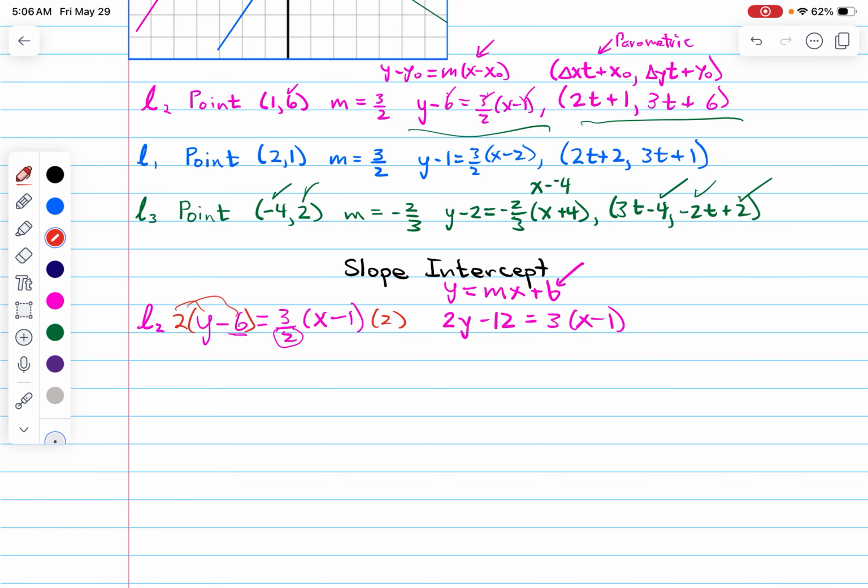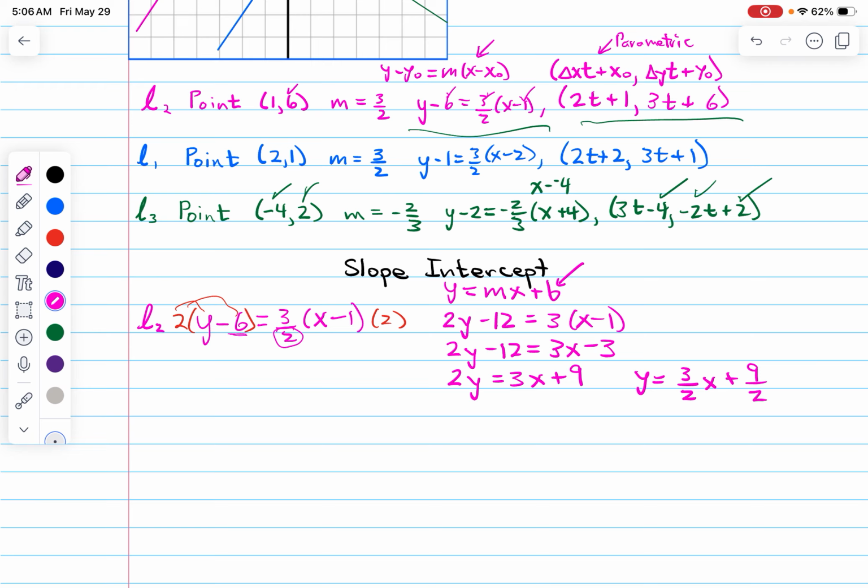Now I don't have to worry about that fraction anymore. So here's what I get now: 2y minus 12 equals 3x minus 3. Add 12 to both sides and I get 2y equals 3x plus 9. Now divide by 2 and I get y equals 3 over 2 x plus 9 halves.